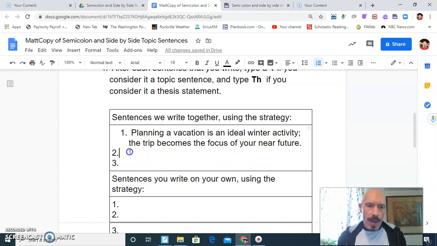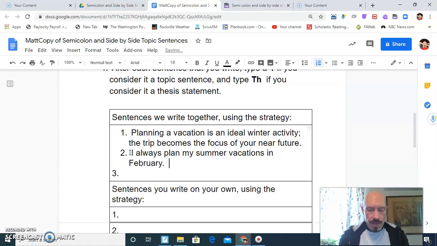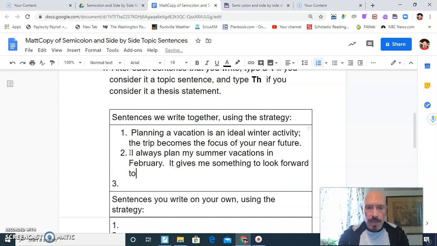Well, how about a side by side? I could do the same thing. How about I always plan my summer vacations in February. It gives me something to look forward to.